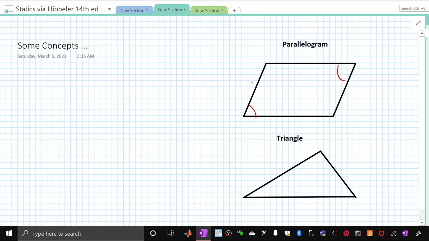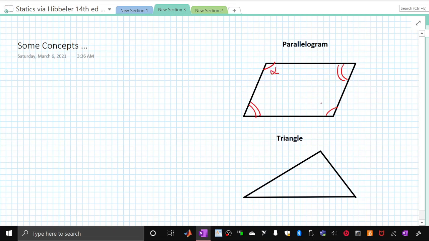We have this parallelogram figure, this quadrilateral. We know that the opposing angles are the same, meaning that these two angles have to be the same, and these two angles, the opposite angles, the ones that are facing one another, have to measure the same angle.